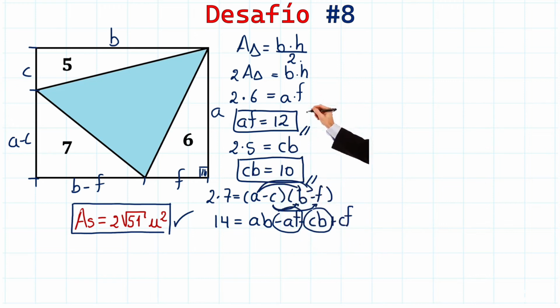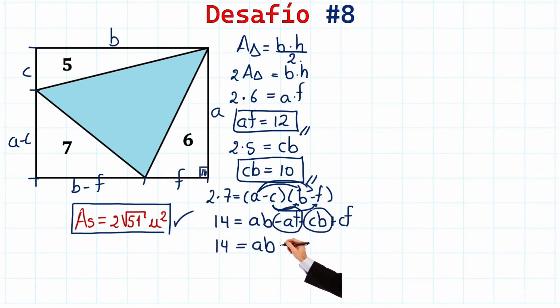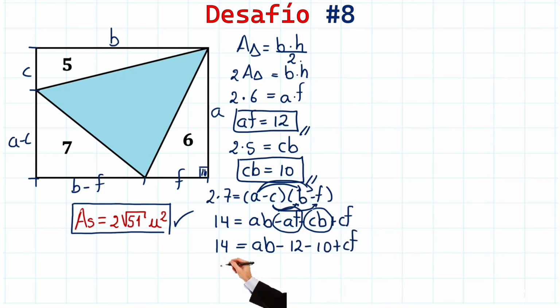So we can replace them here, and we're going to have that 14 is equal to AB minus 12, which is AF, minus 10, which is CB, plus CF. Very well. And let's continue. We have 14 equals AB minus 12, and minus 10 is minus 22.